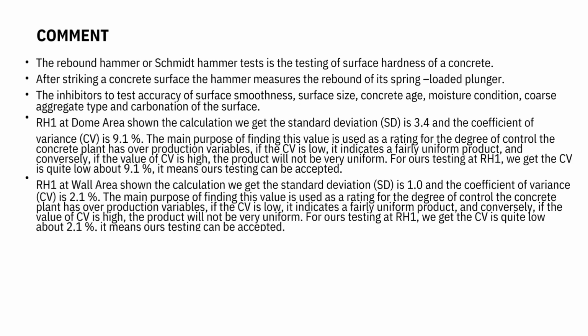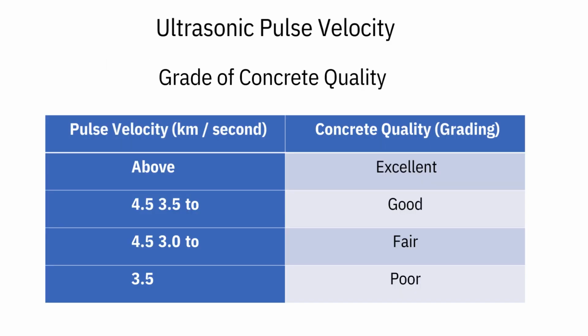If the CV is low, it indicates a very uniform product, and conversely if the CV is high, the product will not be very uniform. For our testing at RH1, the CV is quite low, about 2.1%. It just means our testing can be accepted. Okay, this is our data collection from the rebound hammer.